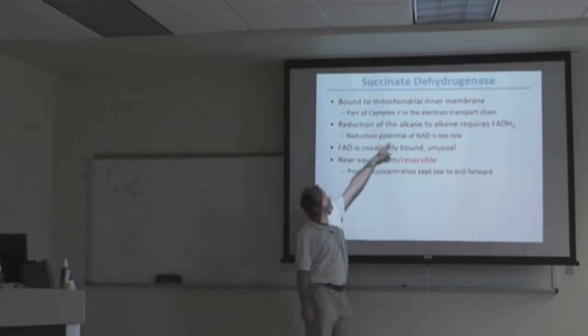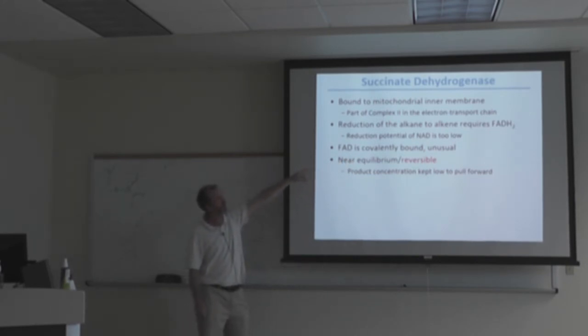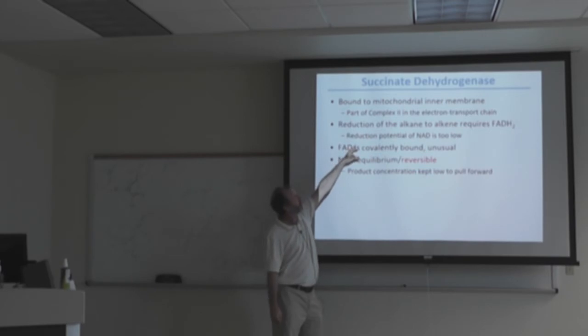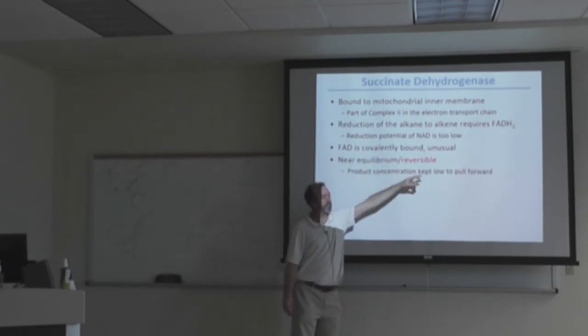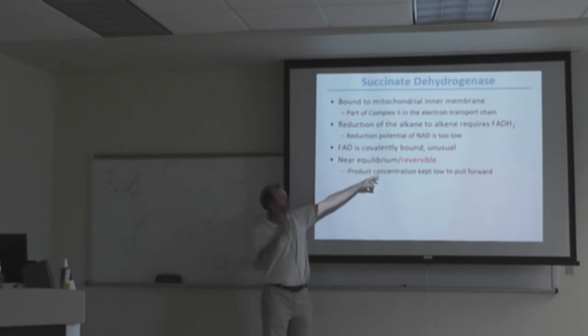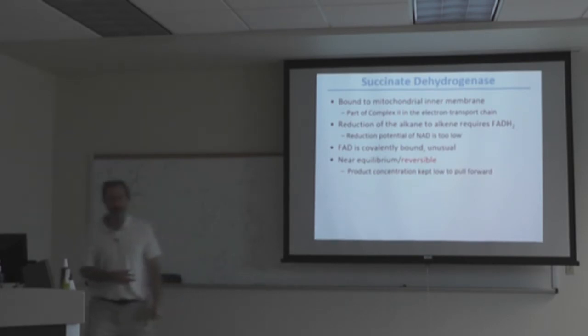It's part of complex 2 in the electron transport chain, reduction of alkane to alkene. It requires FAD as the hydride acceptor. Reduction potential of NAD is too low, so FAD is covalently bound. Near equilibrium, reversible. The product concentrations are kept low to pull it forward again. So this isn't a highly regulated step. You're near equilibrium, if you remember from last time.